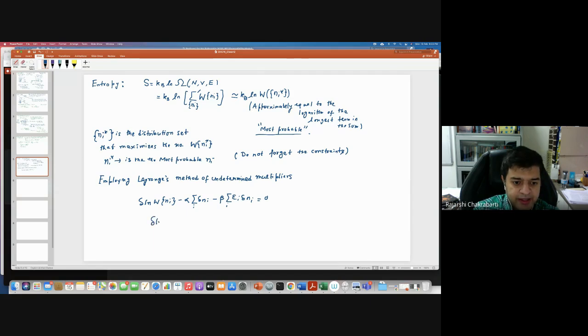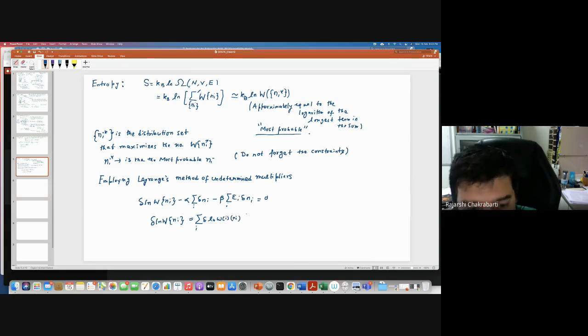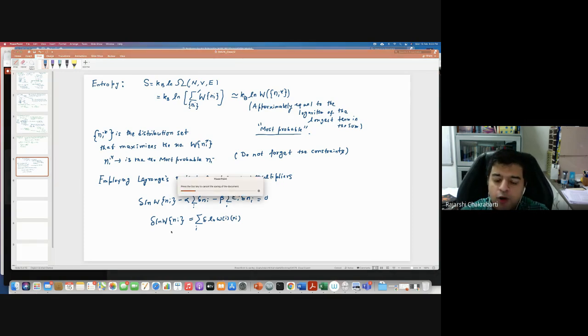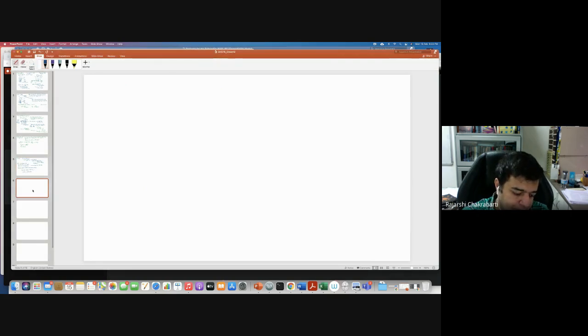You know that ln of capital W is the sum over ln of small wi(ni), because capital W is a product of small w's, so the log of capital W is a sum of logs of small w's. This is what I'm going to do today. Any questions? It will be clearer when I do it. So let us do the Fermi-Dirac distribution first.